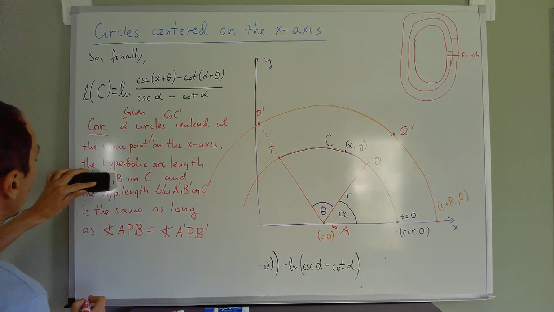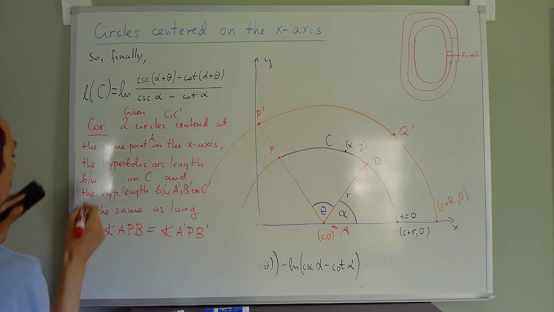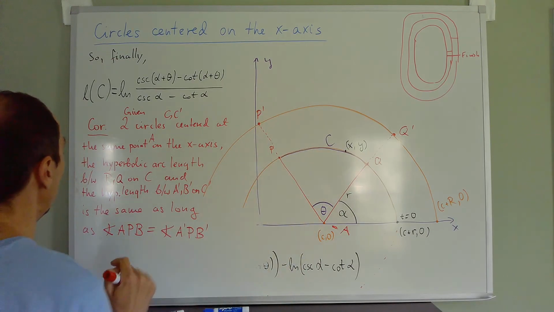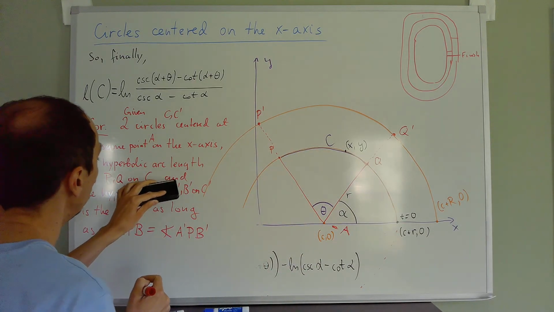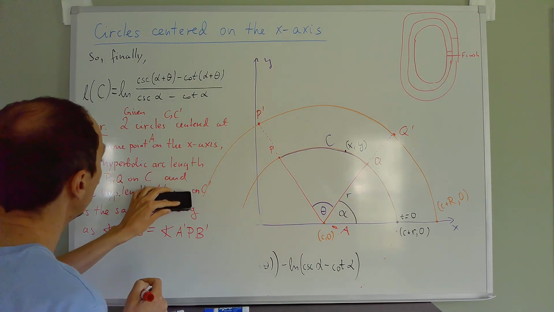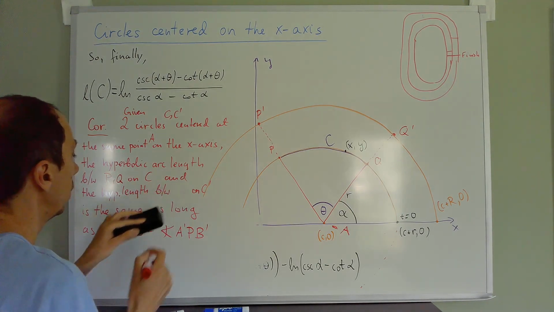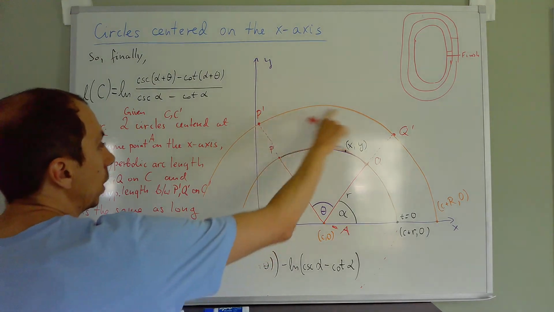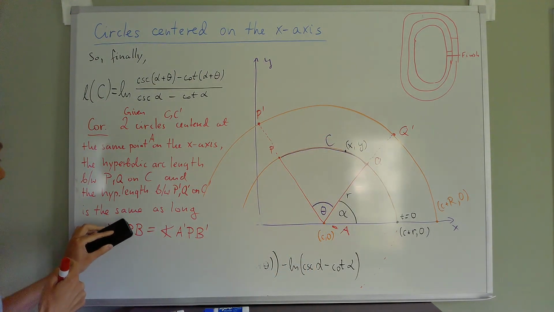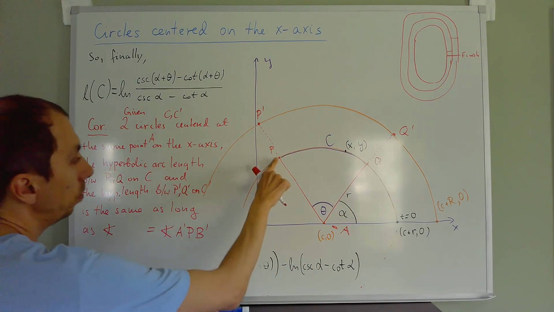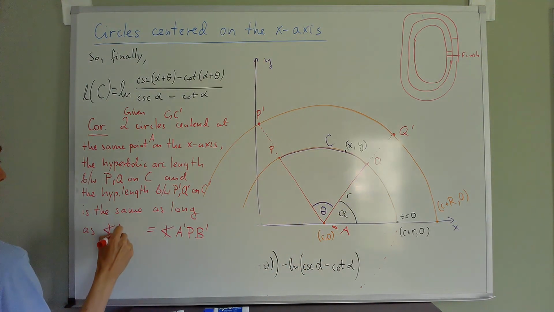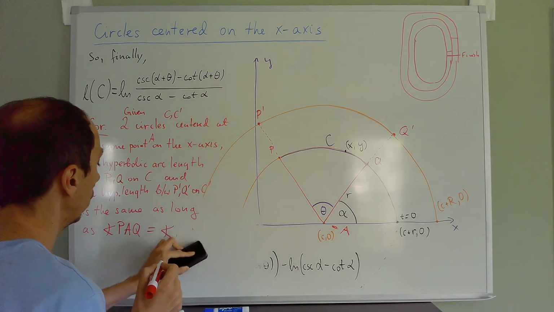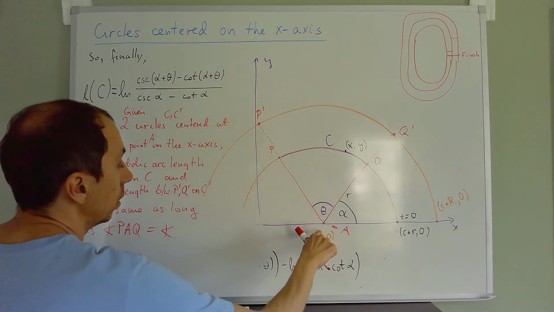The hyperbolic arc length between P and Q on C, and the hyperbolic length between P prime and Q prime on C prime is the same as long as the angle PAQ is equal to the angle P prime A Q prime.